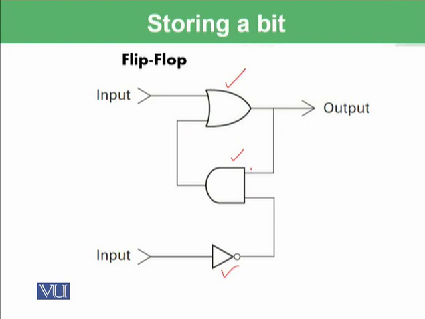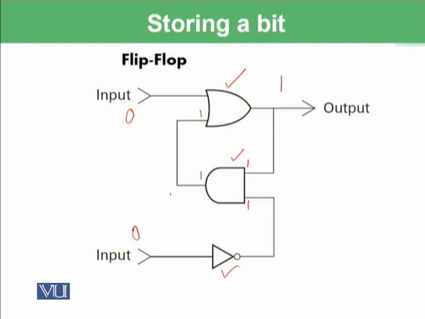Suppose we have already stored an output of 1 in the 1 bit. And here we have control of 2 inputs. So let's put them 0, 0. And let's see what happens. So here we have 1. 1 is coming here. 0 is becoming 1 here, and this 1 into 1 becomes 1, and we have here 1, and 0, 1 is going into the OR gate, which is producing the same output as 1.